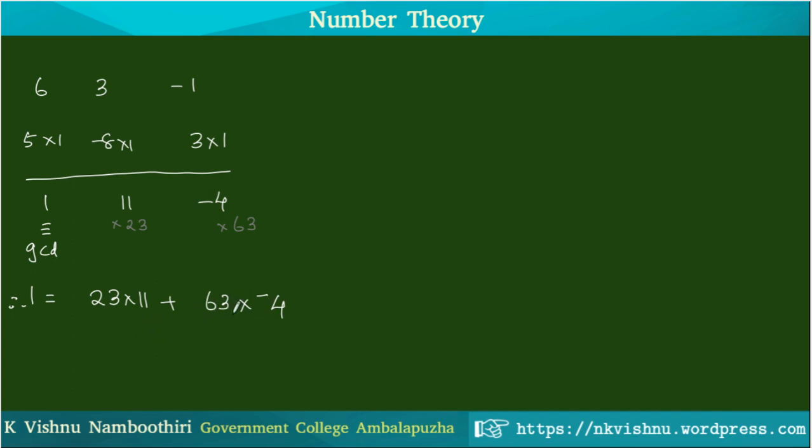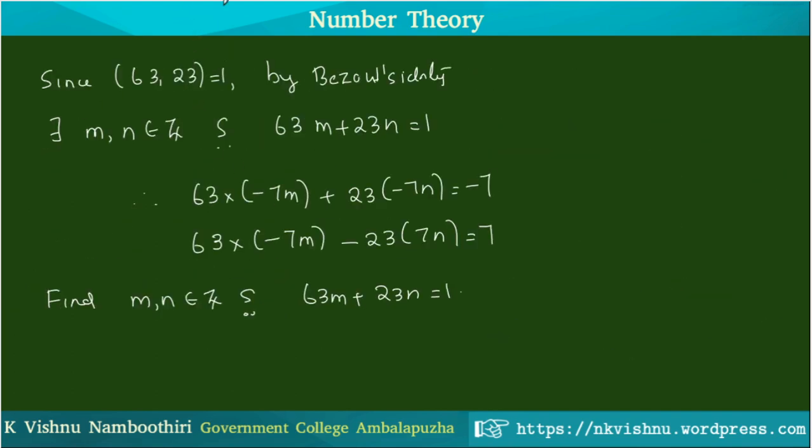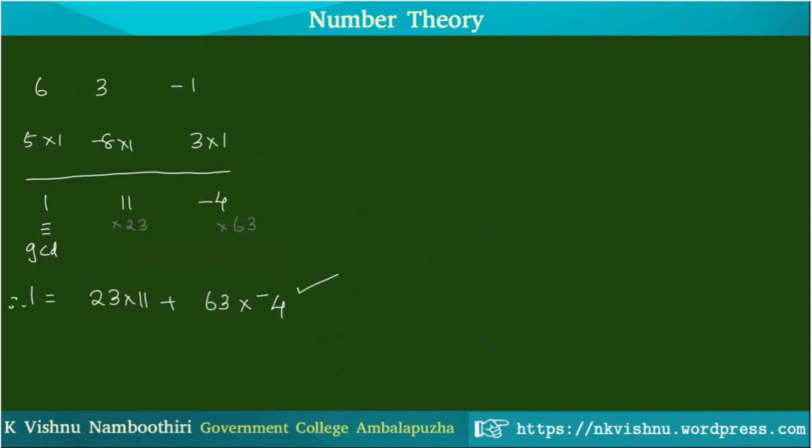We may check by multiplying 63 into minus 4 and 23 into 11 and adding, we may check that this right side is actually equal to 1. So we have found a solution for the modified question. The modified question is to find m and n such that 63m plus 23n equal to 1. Therefore m equal to minus 4, n equal to 11.